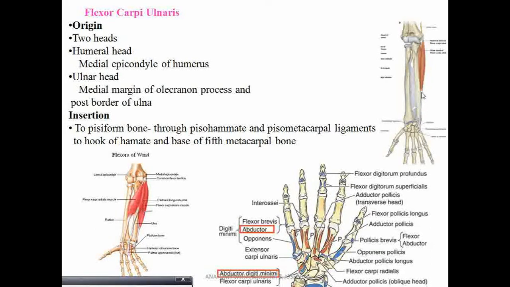So flexor carpi ulnaris is attached to the pisiform, from pisiform to hamate through the pisohamate ligament, and from pisiform to the fifth metacarpal through the pisometacarpal ligament. This area here is flexor carpi ulnaris.